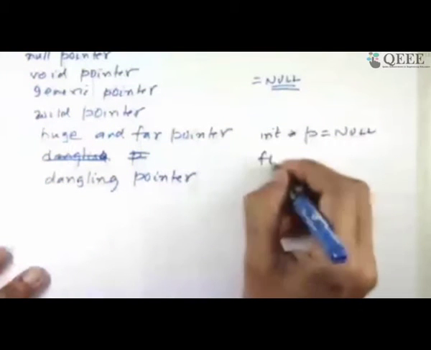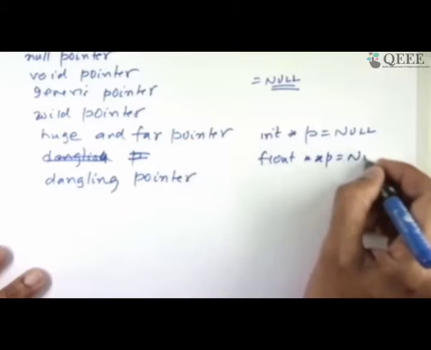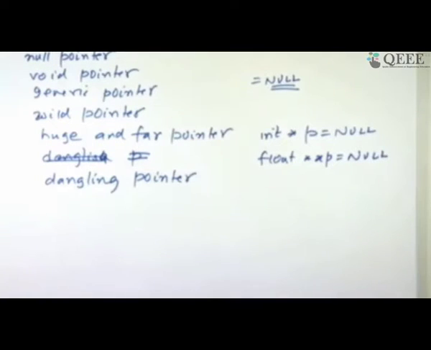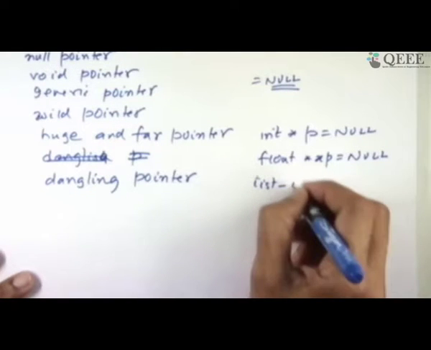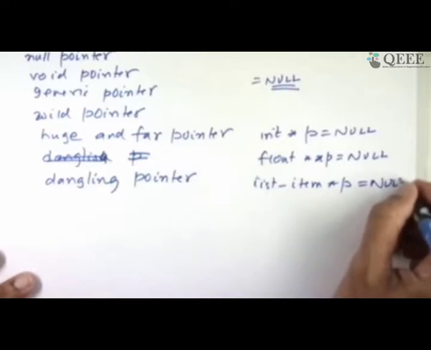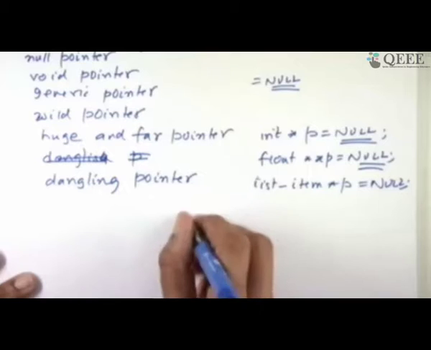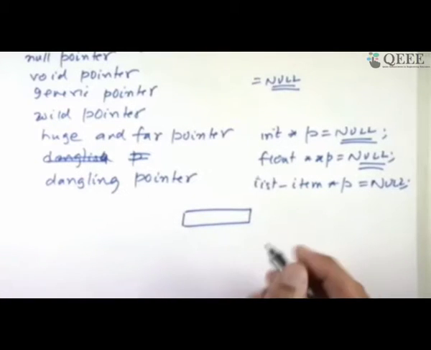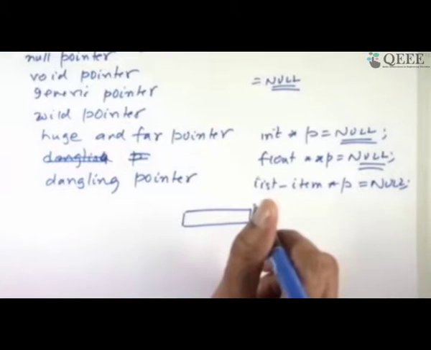You can say float star xp equal to null. I was also taking a pointer to an item, let's say a list item, which I had done there. I can create a pointer to it and assign it to null. So you should treat null pointer like this: it's a value which you can assign in any box. But you only assign it to a box for which you have already decided what it should point to.